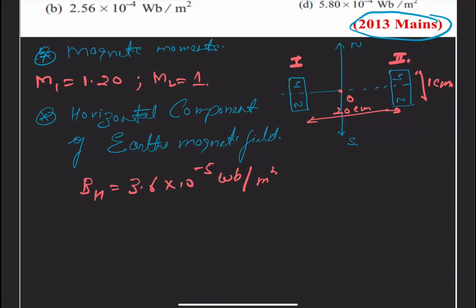So the Earth's horizontal magnetic field will be in this direction, which we are going to call BH, and we have to find out the resultant magnetic field.